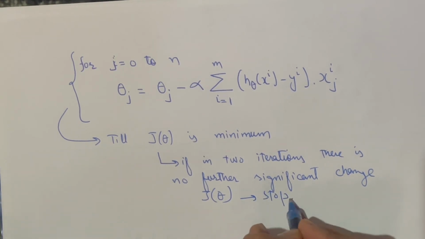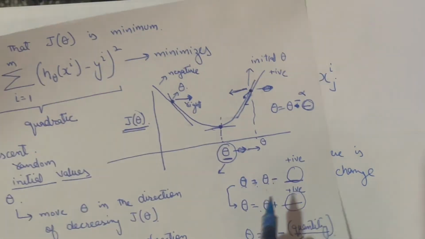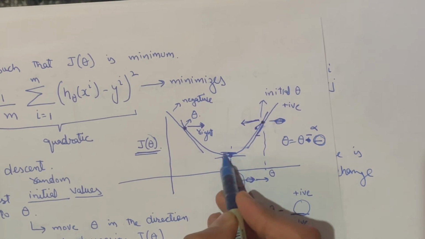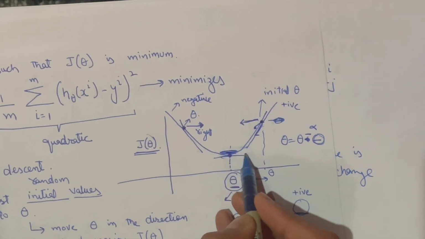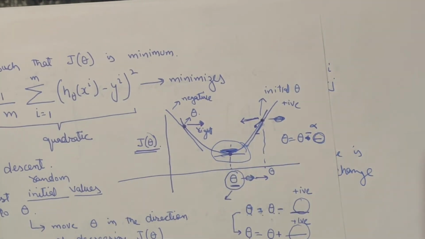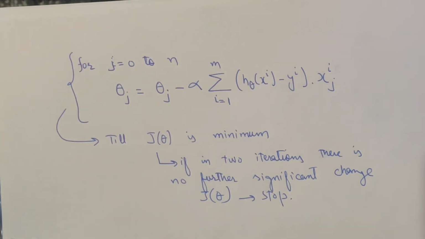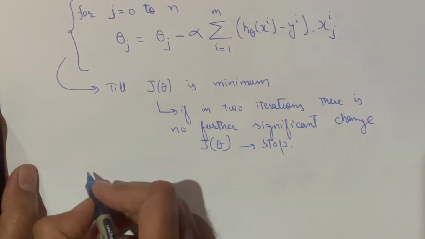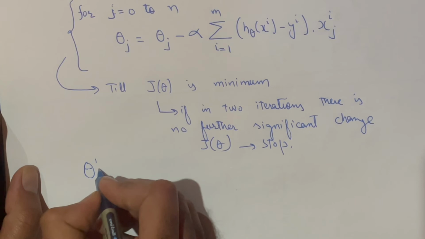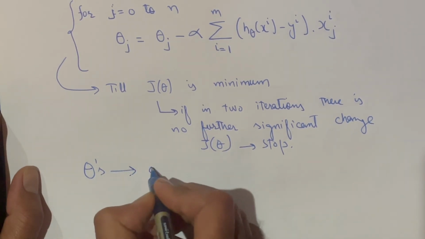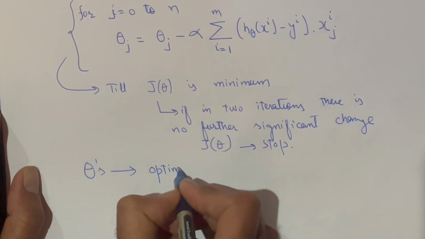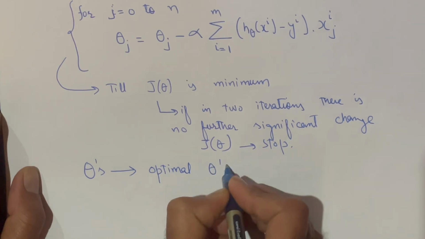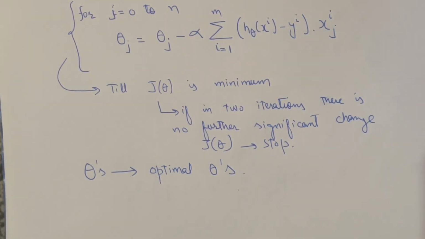Stop means that we have reached the minimum and now we are only moving here and there at the minimum itself. So at this point we will stop, and whatever our thetas will be, those will be our optimal thetas.